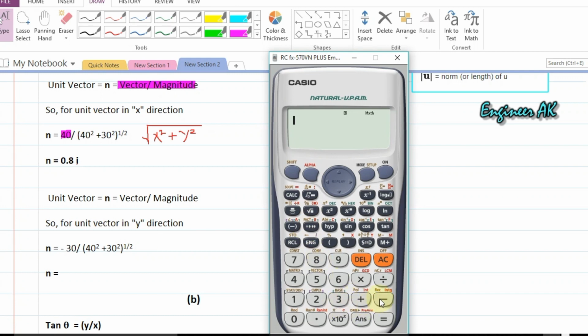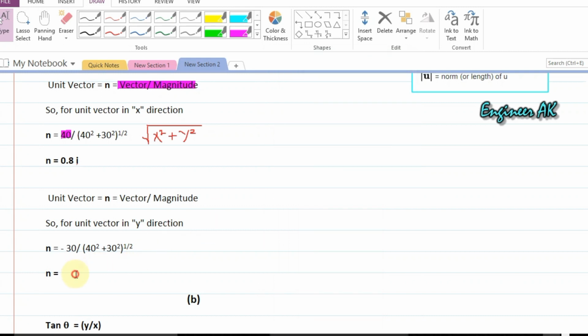So minus 30 divided by under the root 40 square plus minus 30 square, and here we go. We have minus 0.6, and since it's in the y direction, we represent it by j.